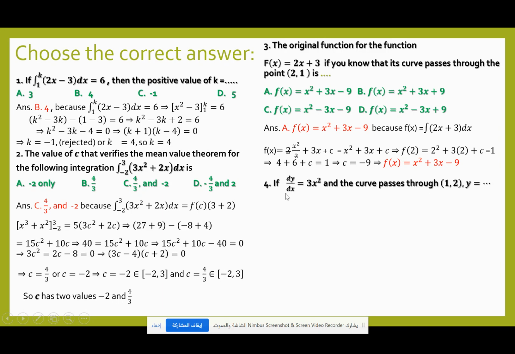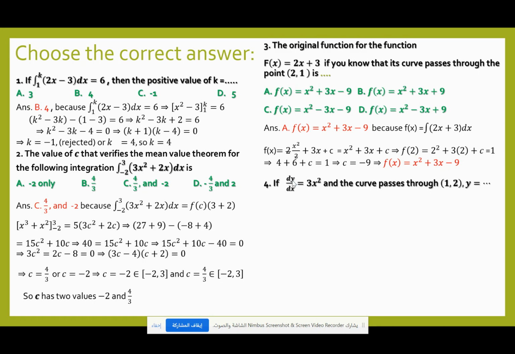If we have dy over dx equals 3x squared and the curve passes through (1, 2), we need to get the value of y, which is the original function. Look, question 3 and question 4 have the same idea.